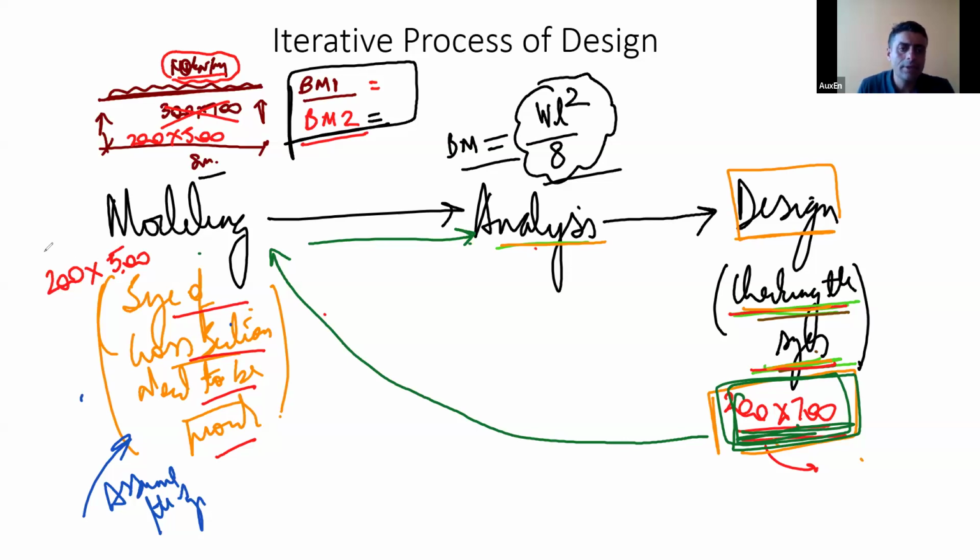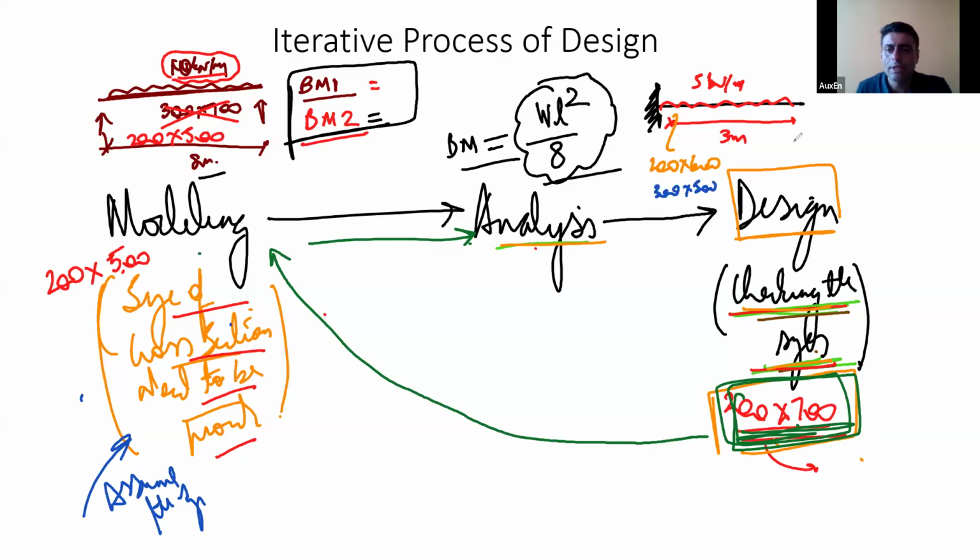I will take another example. If I take a cantilever beam and let's load it with UDL 5 kilonewton per meter, and it's a 3-meter cantilever beam. And again, if I ask you that my size was 200 by 600, and then I change it to 300 by 500.